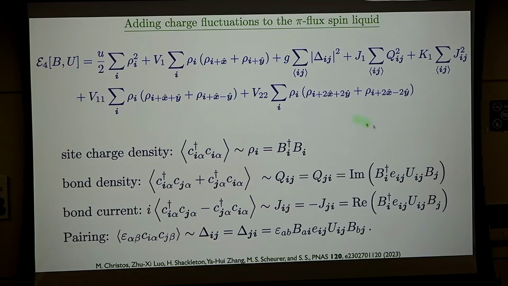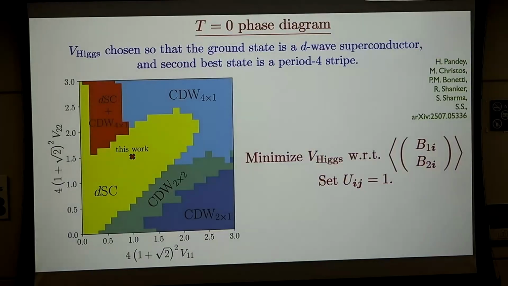You have all these couplings that you're free to choose, and we choose them so that somewhere in the phase diagram we can get D-wave superconductors, charge density waves, probably even pair density waves and all of that in mean field theory. I'll just show you results for the case where the ground state is a D-wave superconductor, plain old D-wave superconductor with no translational symmetry breaking, but the next best state is a period 4 stripe. And you'll see in some pictures where that's important.